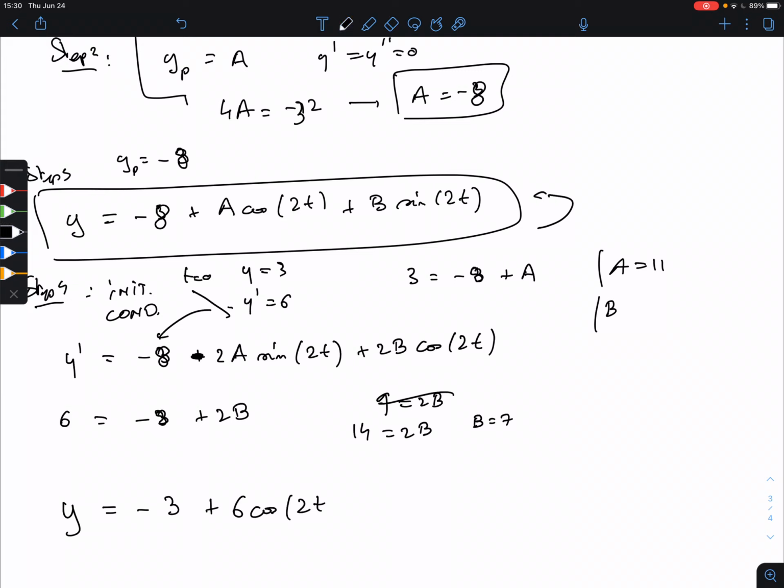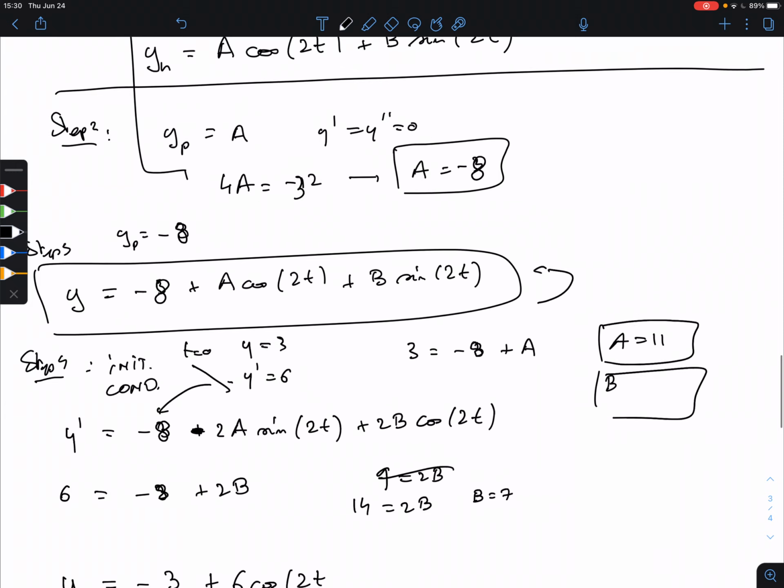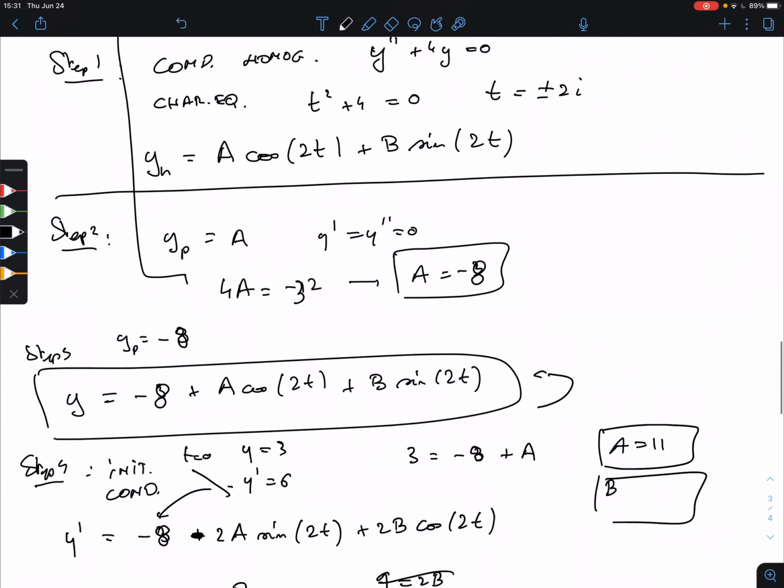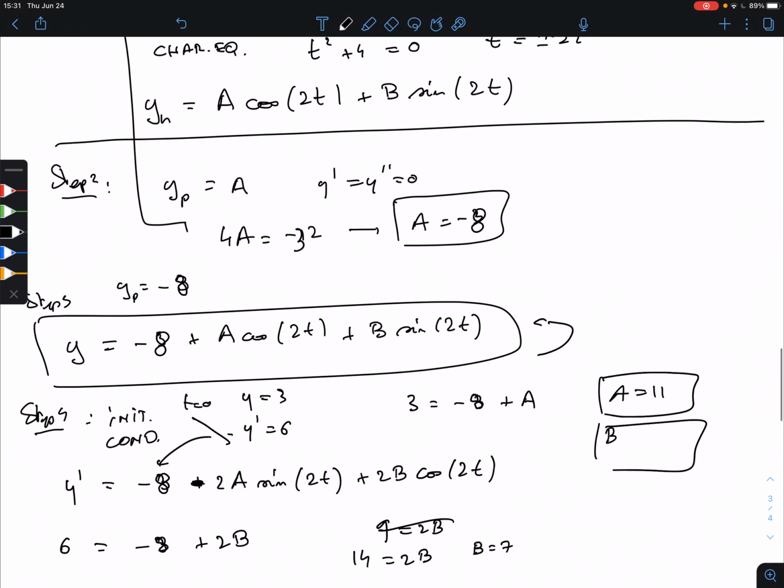Oops. And I feel it is a minus sign that I've forgotten. Sorry, I'm messing up a little bit here. A is minus 8. A is 11, right?